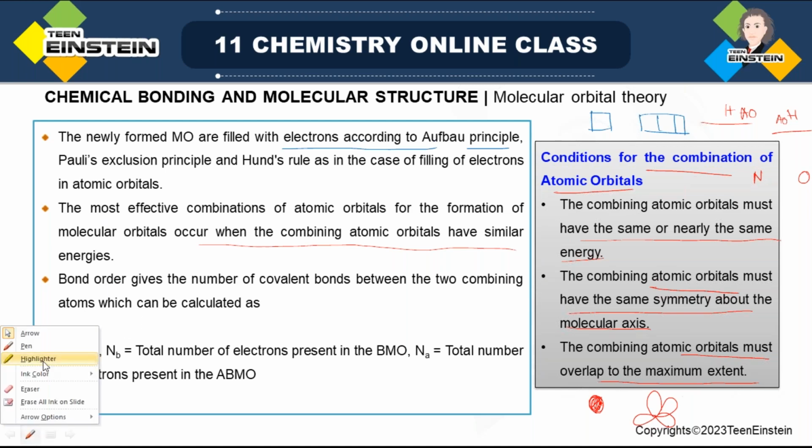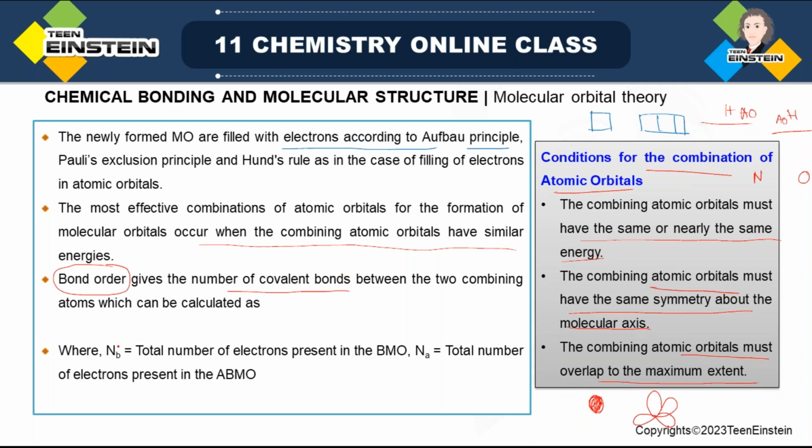We already know what bond order is, but how to apply it in the case of molecular orbital theory and how to calculate it, that we have to know. You can calculate bond order once you have drawn the molecular orbital diagram, and this bond order gives you directly the number of covalent bonds. If bond order is 3, that means 3 bonds are present. If it is 2, 2 bonds are present. If it is 0, that means no bonds are possible.